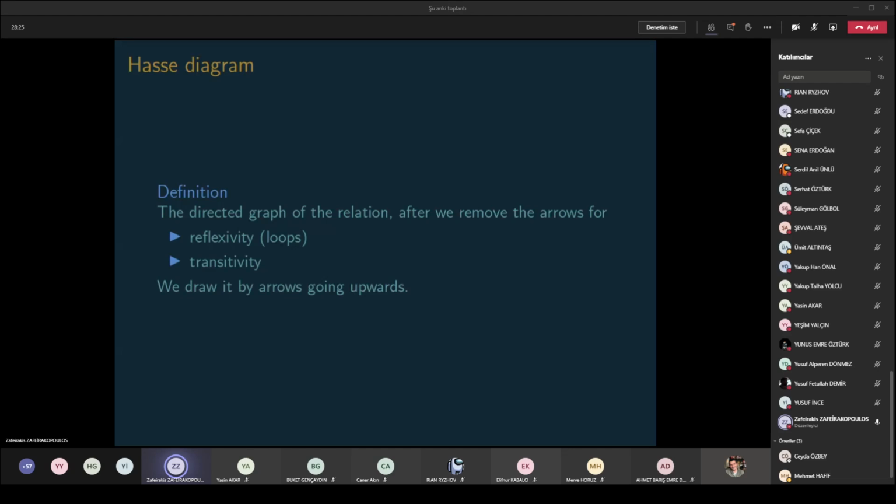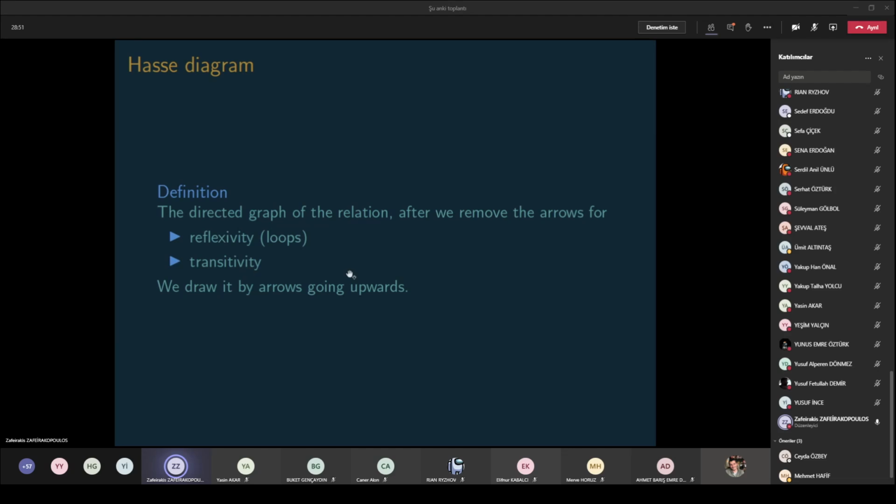So if we have a pair A, B, we draw an arrow from A to B. But then we have to remove some arrows. Since every order relation is reflexive, we will have loops. Every element will have an arrow to itself. We don't need this. We know if it's an order relation, this would be there anyway. They don't give us any information.